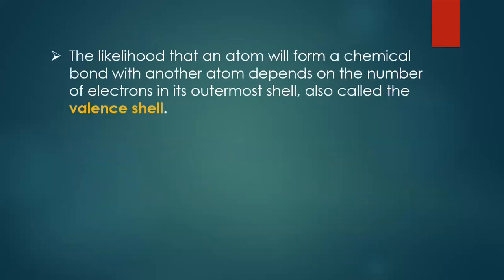The likelihood that an atom will form a chemical bond with another atom depends on the number of electrons in its outermost shell. This outermost shell is also known as the valence shell.